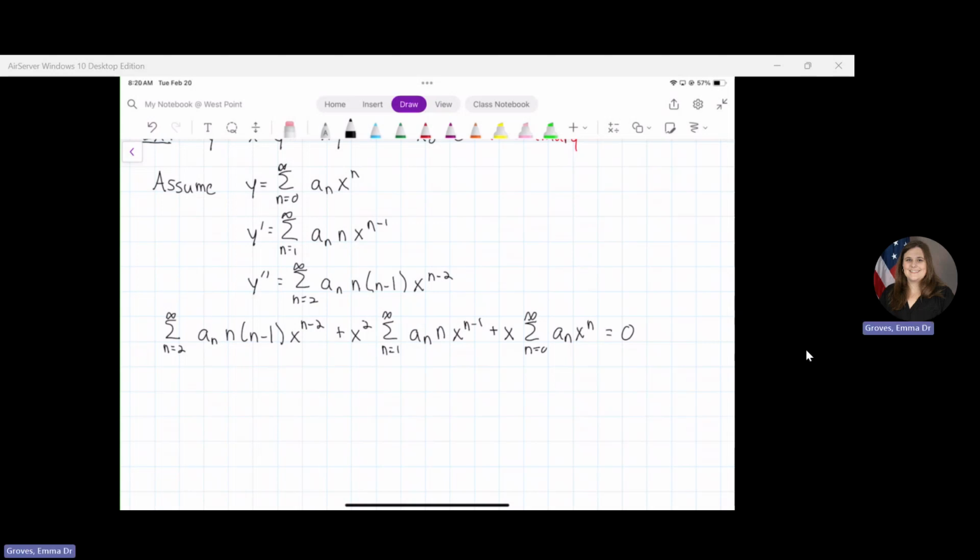Okay? So the first thing I'm going to do is distribute in my x squared and my x to the appropriate summations, just to see what powers of x I've got.